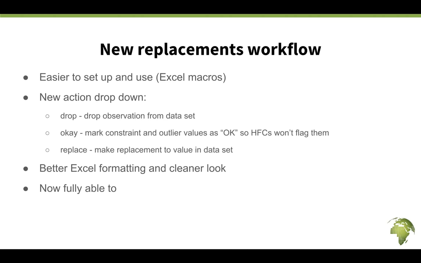It wasn't a mistake. You can now in the replacements workflow mark that value as okay, and then the high frequency checks won't flag it anymore. So you won't continue to get that coming up in your output.